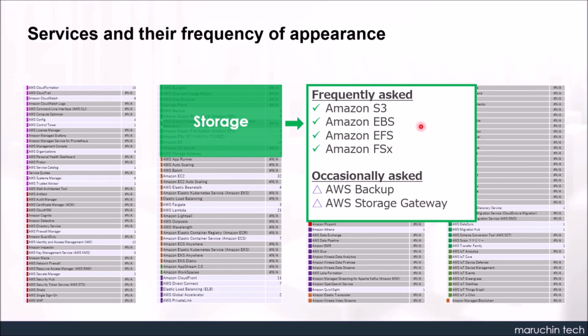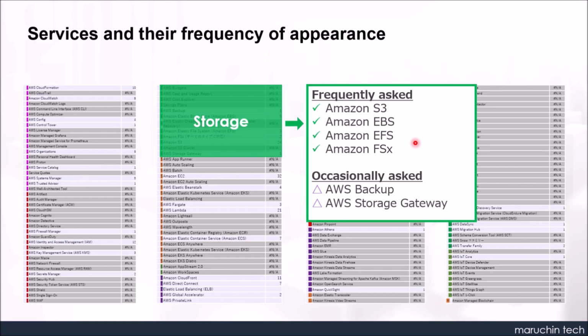For EBS and EFS, you will be asked about their use in the multi-AZ environment. EFS is more commonly used in a multi-AZ environment. And you will also occasionally be asked about the use of EFS and FSx for Linux and Windows servers.